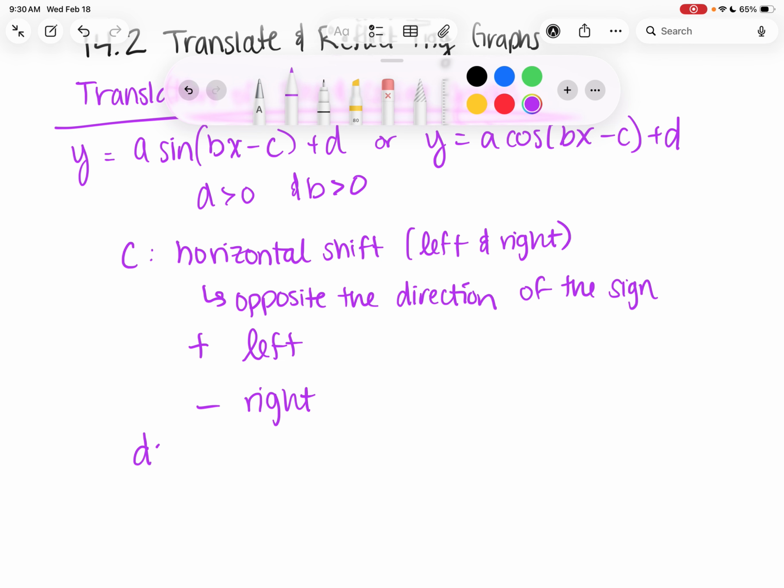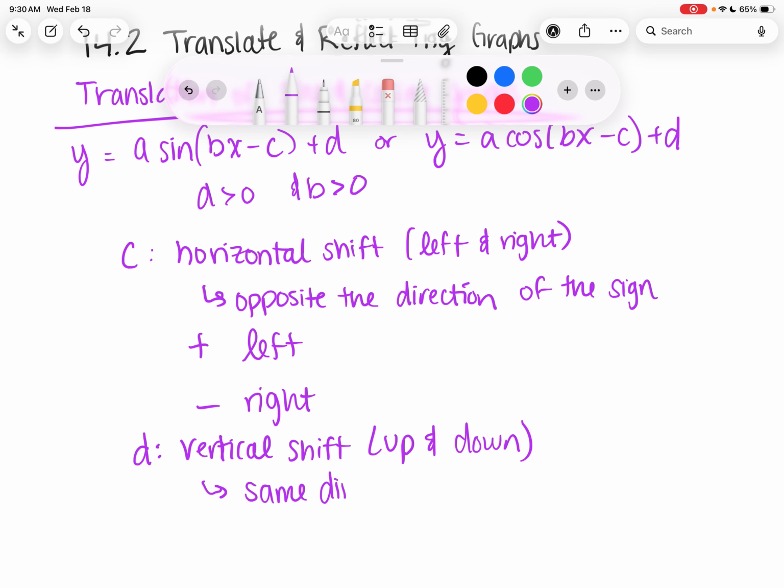All right, D is the vertical shift, up and down. And this goes the same direction as the sign. So if it's positive, it goes up.